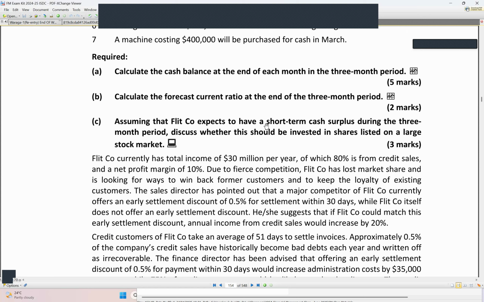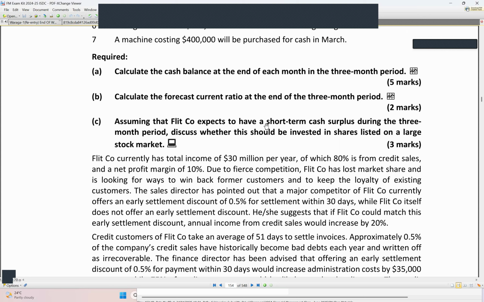So it is advisable that for such things, it's better to invest short term where you can get your money back and get it running, because you have a short-term surplus. But if it's long term, and basically what we mean by short-term surplus is that this month I have a surplus, but it's maybe because there is a one-off thing that happened that I don't expect to have that surplus next month.